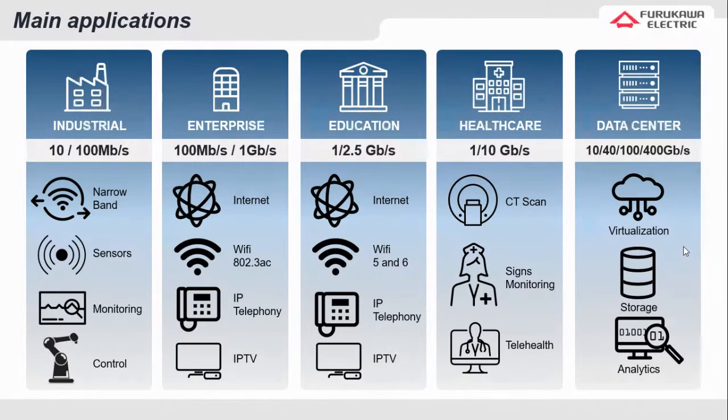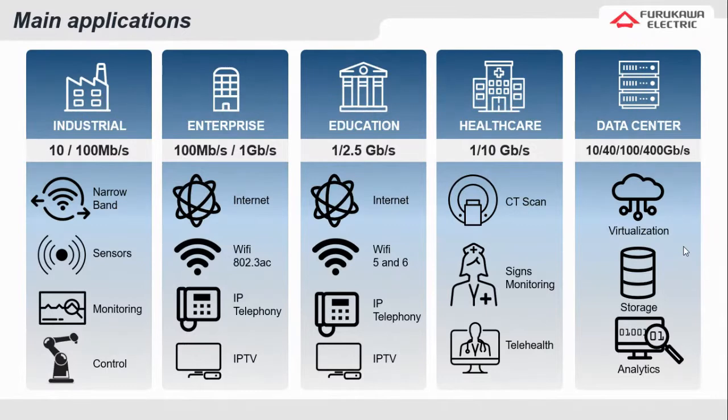Now, traffic running on this segment is usually considered to be narrowband, meaning that devices use interfaces that range from 10 to 100 megabits per second.